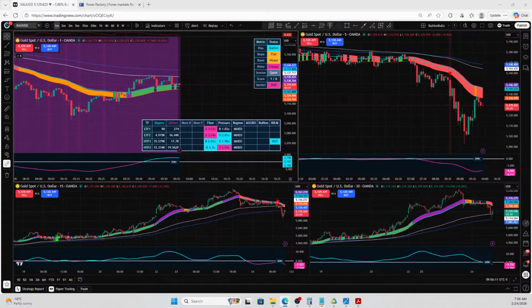These days on gold, there's just so much momentum that whenever that momentum shows up, I like to trade in the direction of that momentum. So I'm expecting a move at like 8 a.m. after the news.